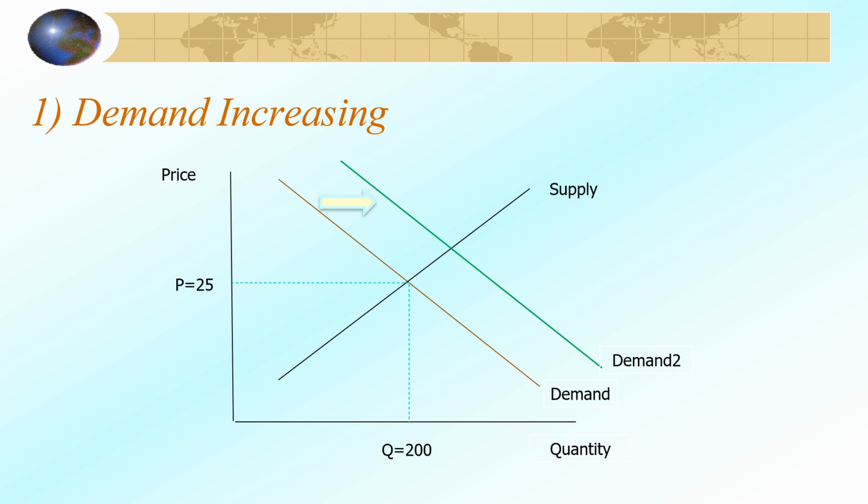Actually, yes. And sellers are also going to be producing more of the products with this increase in demand. So what we're seeing is with an increase in demand, there's also a movement along the supply curve.